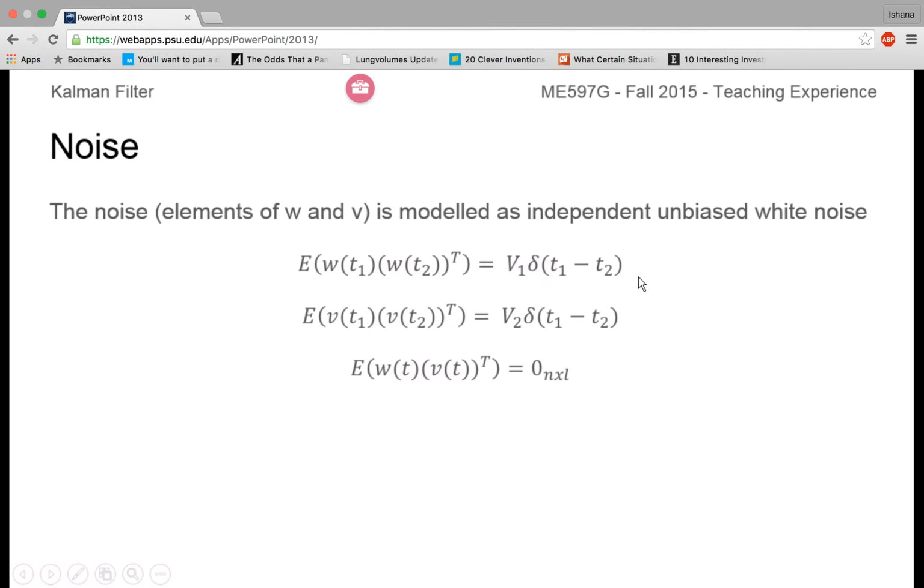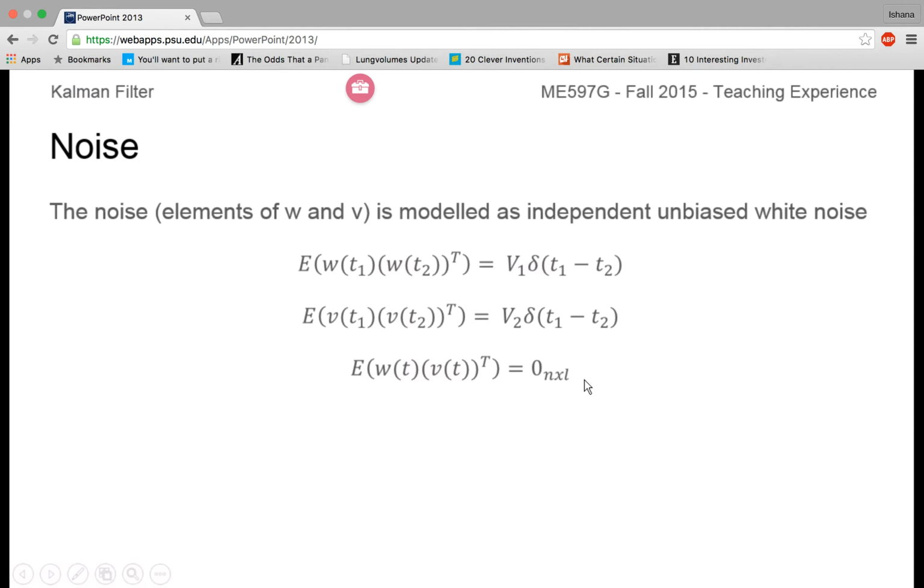The same, almost the same relation holds for the V vector. The only difference is that this matrix, the intensity matrix, is different for this noise vector. And we also know that the disturbance to the plant, which is W, and the sensor noise are not related in any way, and hence the correlation between them at any time is always zero.